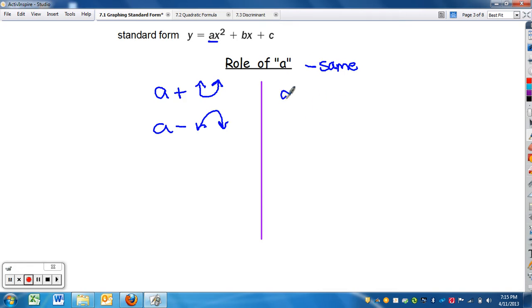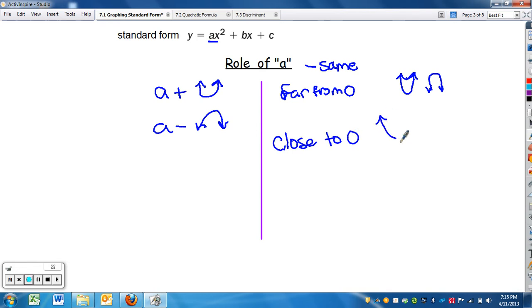So if a is far from 0, we have a very narrow parabola, either opening up or down, and that depends if it's positive or negative. Or if it's close to 0, the parabola is going to be wide.